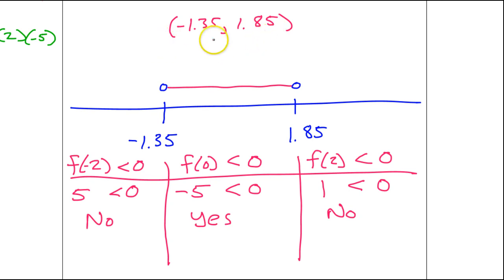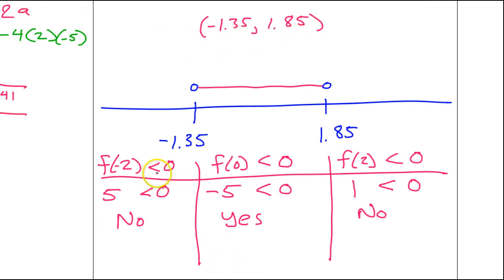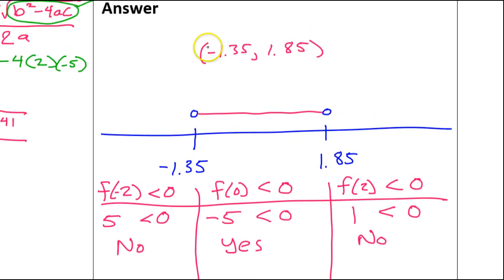Again, those are values where the function equals 0, and we want to know where the function is less than 0. So you can't include the endpoints, thus parentheses. Anyway, this is the final answer in interval notation.